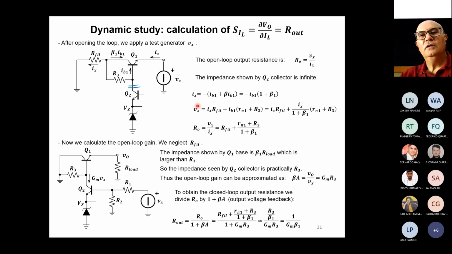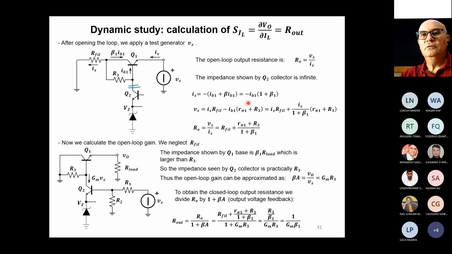So I can calculate the total Vx as the sum of Ix R filament, that is going this way, plus minus IB1 that multiplies R3 and R pi 1, because this current is going in the other way. So the total Vx can be written as the sum of Ix R filament, that is the voltage drop across R filament, plus the voltage drop across R3 and R pi, that is here. So that's the final formula.